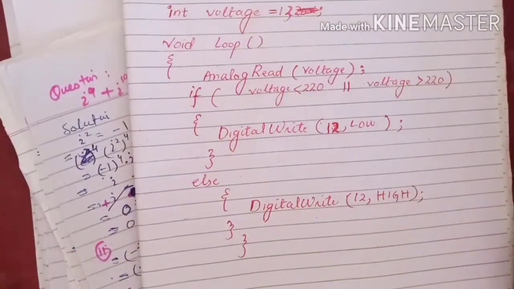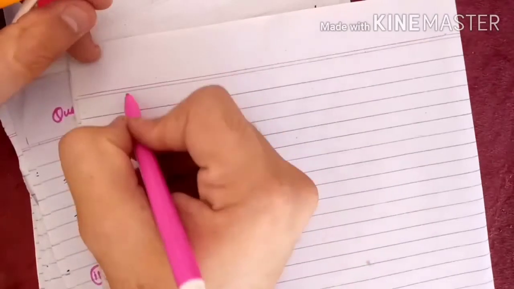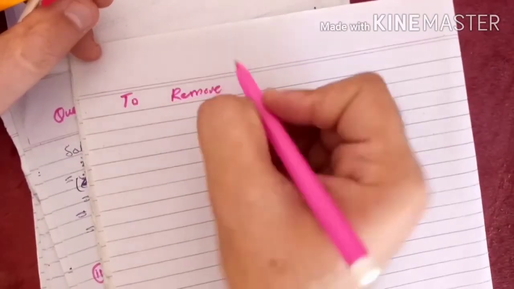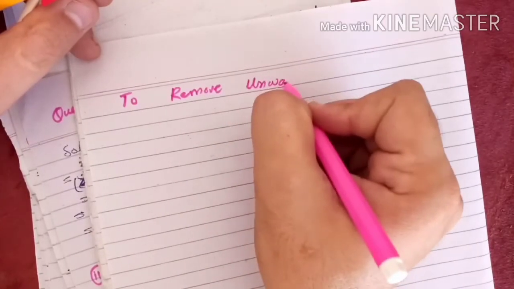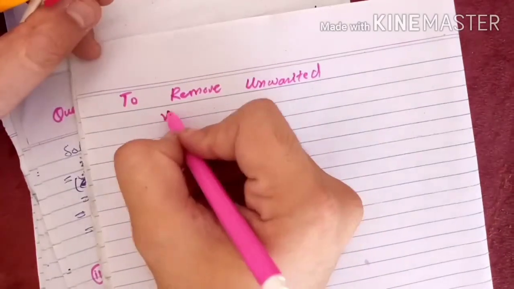Now we are going to start the electrical sketch of everything we have discussed. First we want to remove unwanted voltage and current.